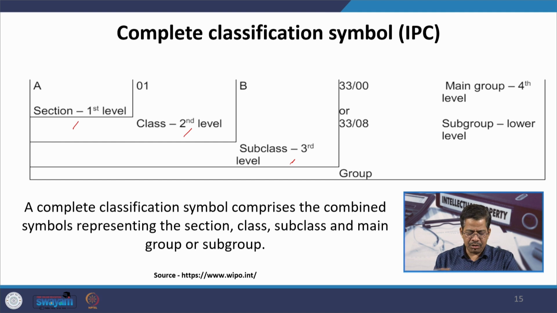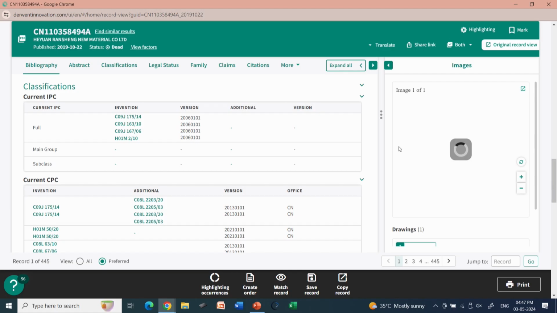So, if we go to a live example, we will see that I am using the Derwent database, and you can see in this Derwent database we have searched a particular patent, and this patent is all about battery systems for electrical vehicles.